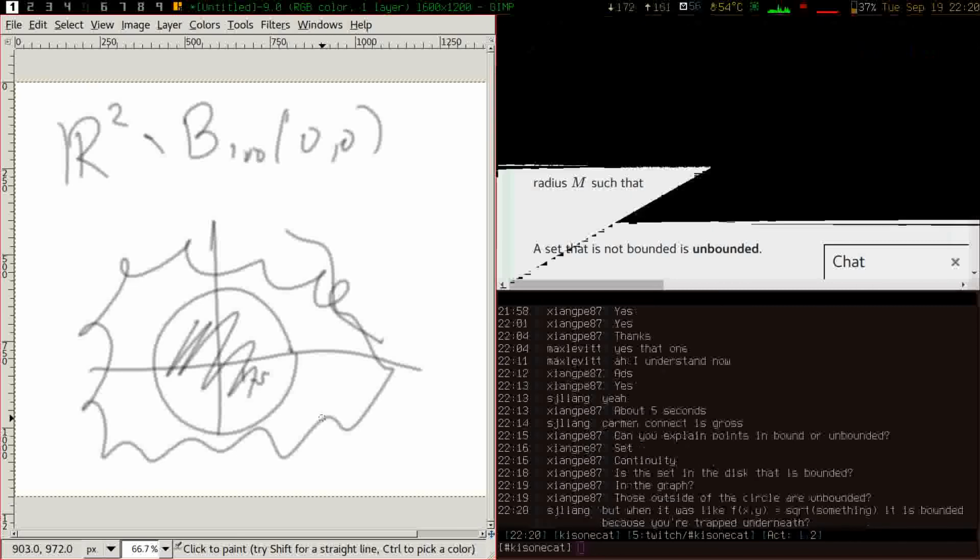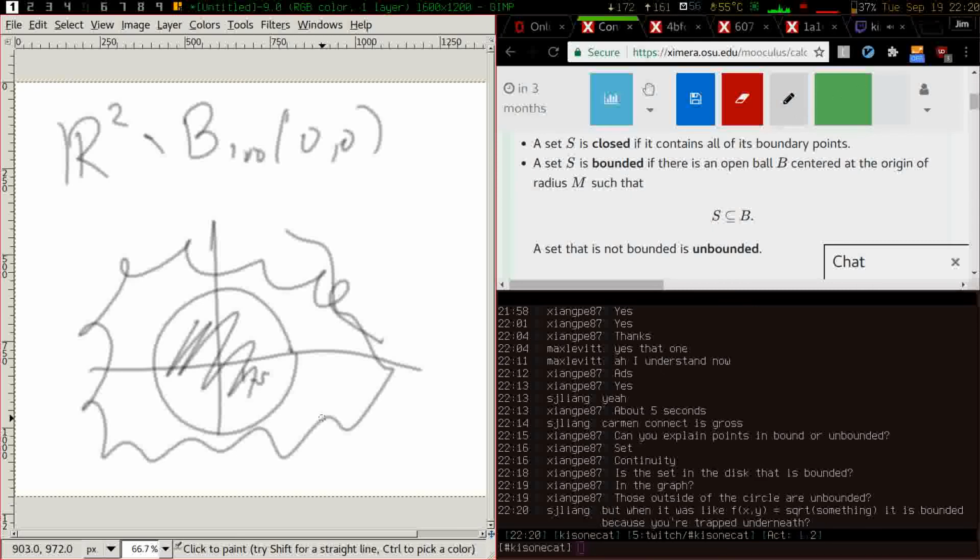It could be unbounded because the domain is very large, or it could be because the image of that function is unbounded.